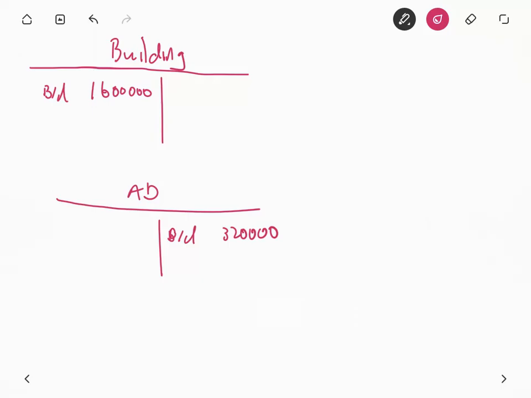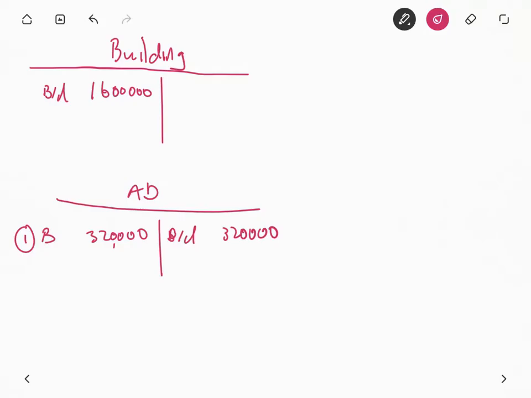Debit accumulated depreciation, credit, so I left with 1280. 16 minus 3, 128. And I want to revalue to 2.